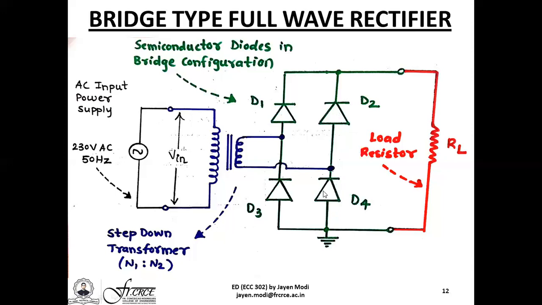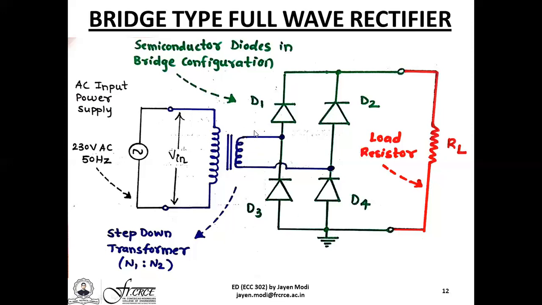So we have the cathode terminal of D4 connected to the anode terminal of diode D2, and finally we'll be joining the cathodes of D1 and D2 together. We'll be joining the anodes of D3 and D4 together as well.